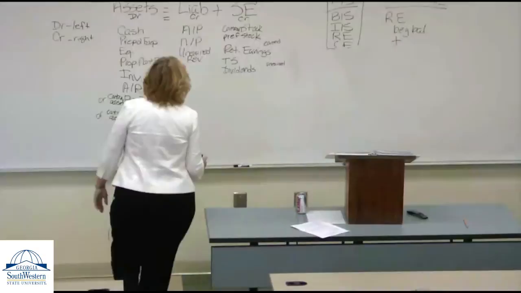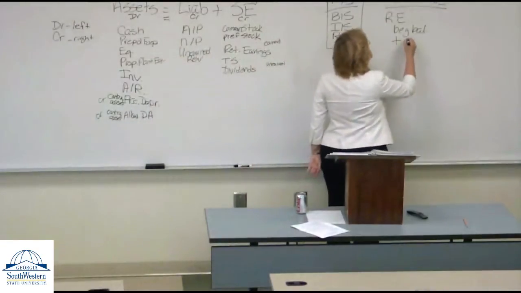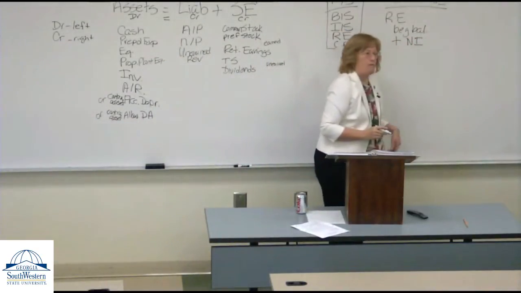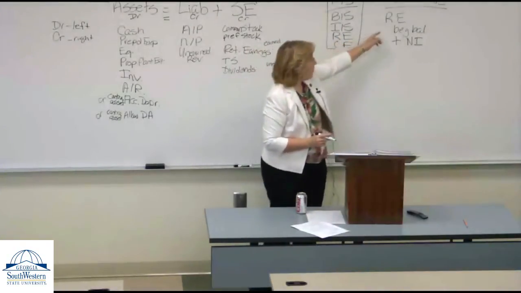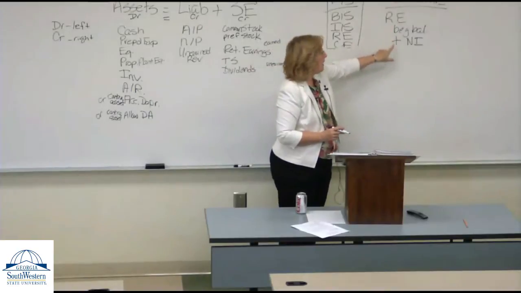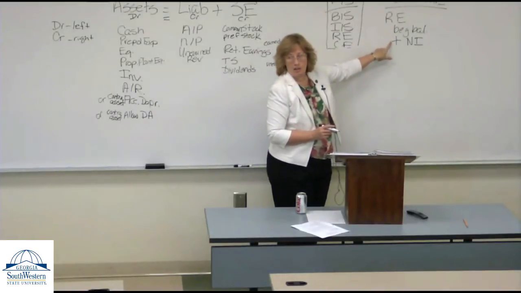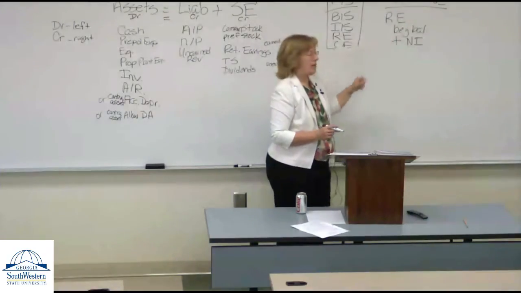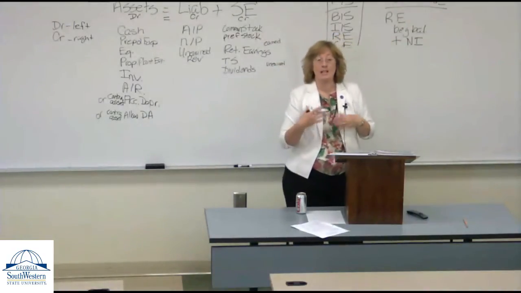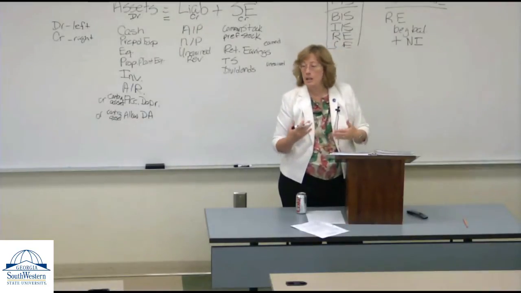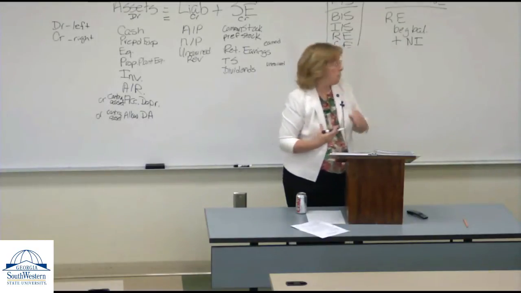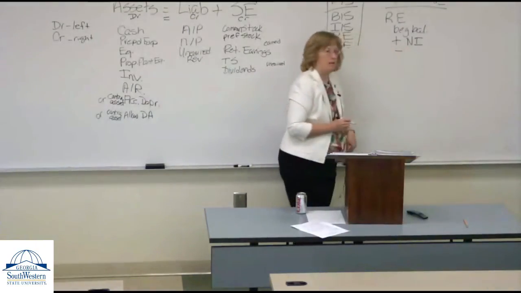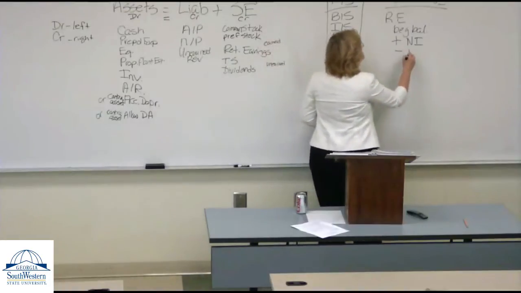So we're going to take the retained earnings from all the other years, the beginning of the year, and add in this year's net income from the income statement. What was our definition of retained earnings? It's the accumulated profits of the company that have not been paid out to the shareholders, right? So what are we going to subtract here? Dividends.